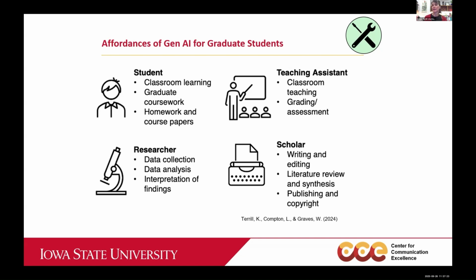This is probably the area that has received the most attention with respect to AI and generative AI, is the student work. Now, graduate students are also teaching assistants. They do classroom teaching and they do grading and assessment. So on the one hand, they're students who might be using AI or be tempted to use AI or thinking about it for their coursework.